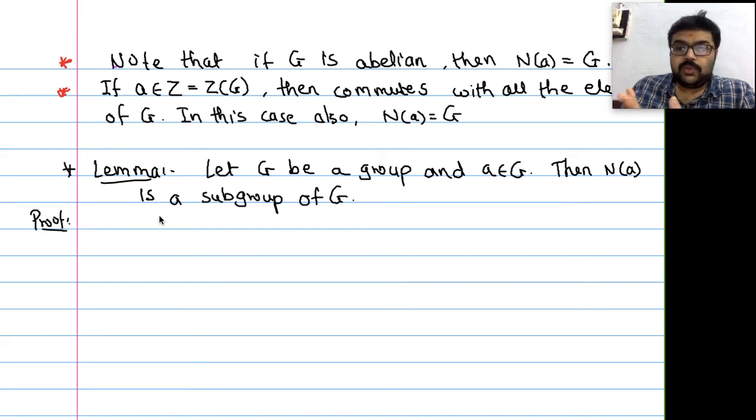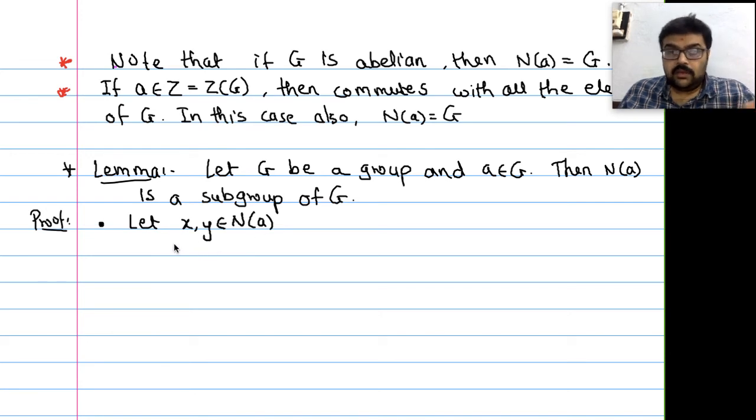Two things we have to show: NA is closed under the product of G, and every element in NA has an inverse. The first thing we start with: let X and Y belong to NA. Then we have to show that the product XY, whatever the binary operation is in G, is in NA.